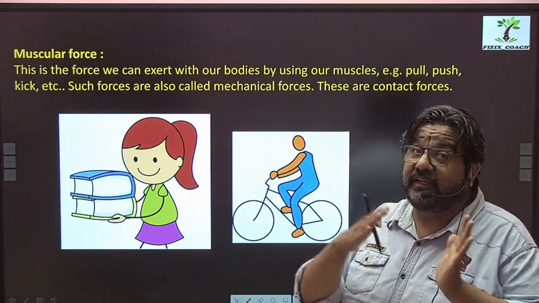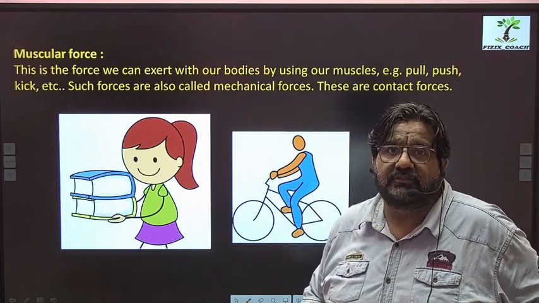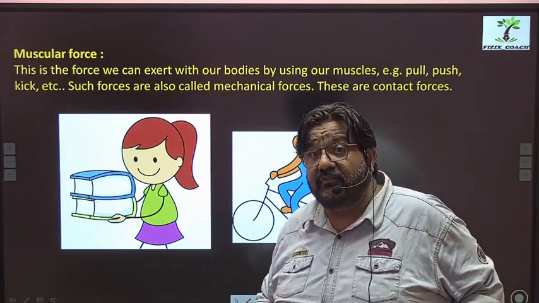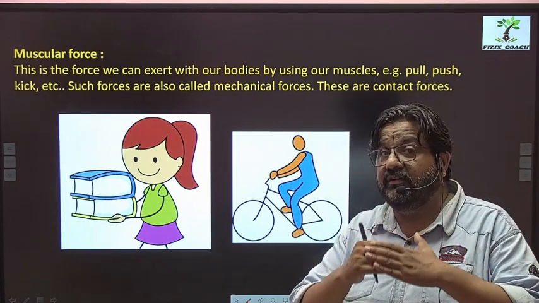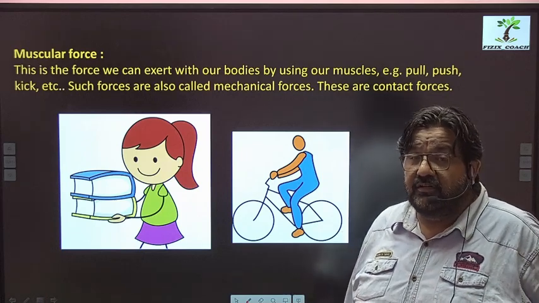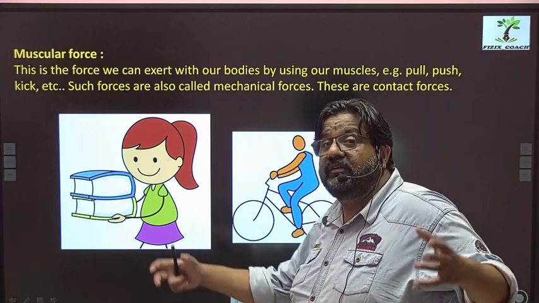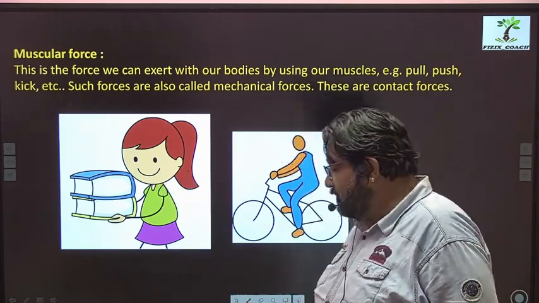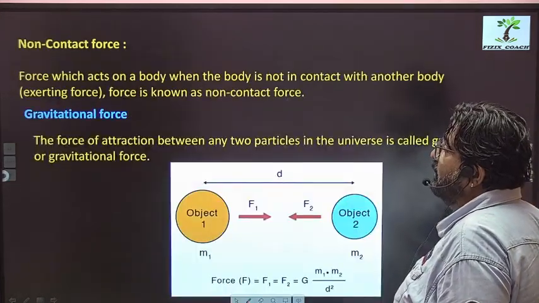Now the second part, which is non-contact forces. As the word says, in contact forces two objects were in contact with each other. Obviously, in non-contact forces, the objects will be far away from each other, and in that case also the force would be acting.